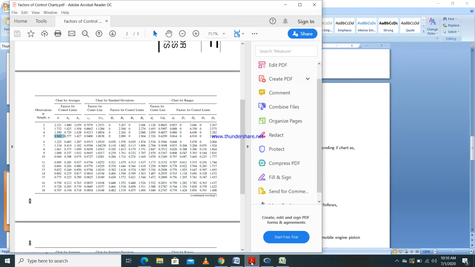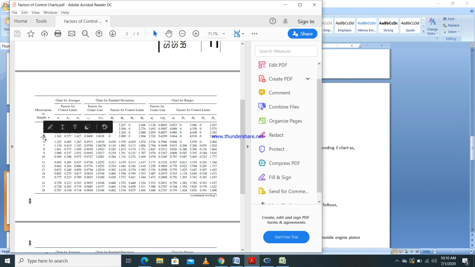So I'm going to look at the factor table. This is the column for B4. Now you have to read the sample size. Here you have 25 observations, but each sample consists of 5 values, so you have to take the sample size as 5, not 25.